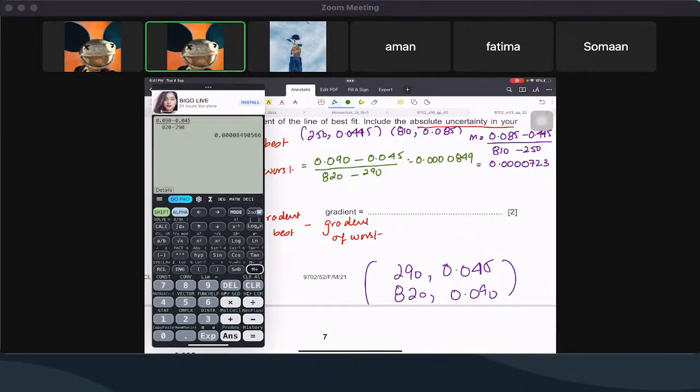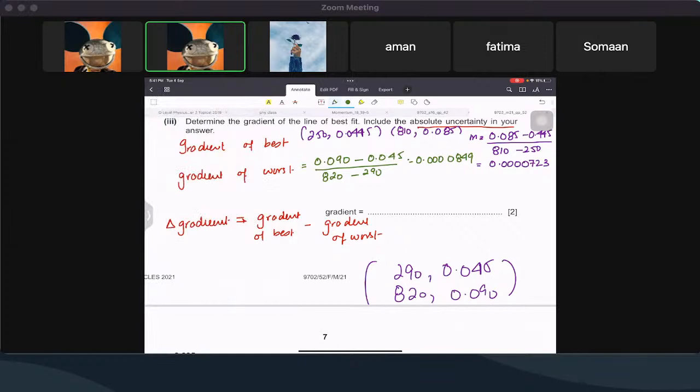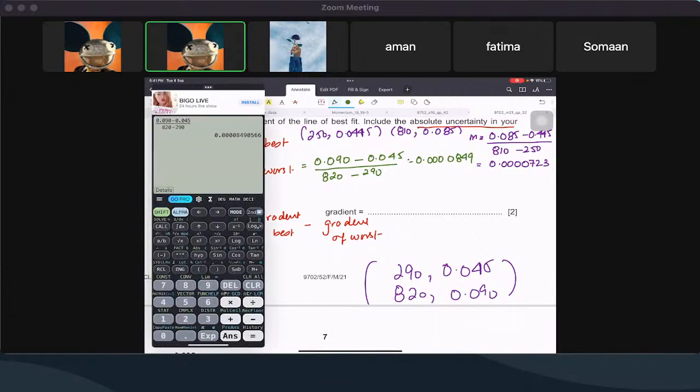Okay, so then to find the uncertainty in the gradient, you're going to subtract these values. So when I subtract 0.0000723, that's going to be 0.000126.